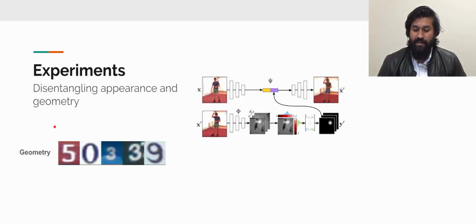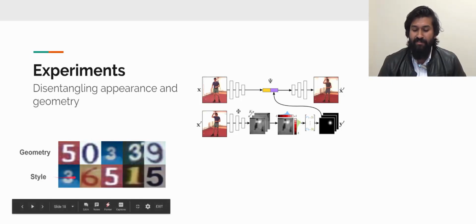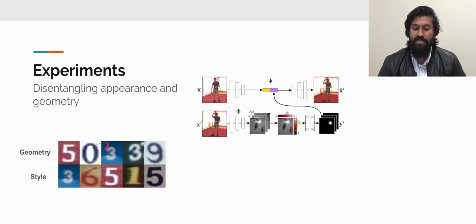Here these are images taken from Google Street View, and they are basically of house numbers. Here style means the blue background, here the red background, and the geometry means the shape of 5 or the shape of 3.